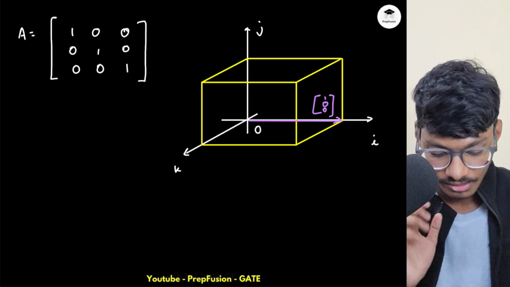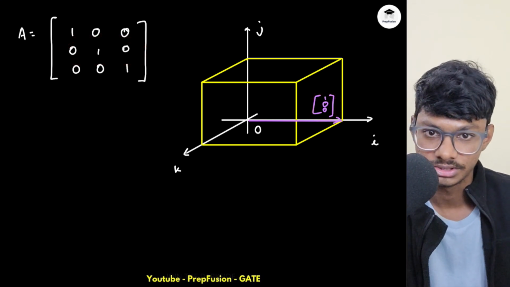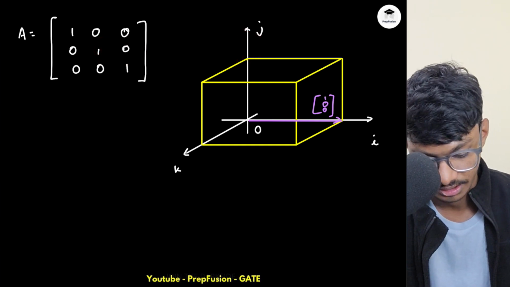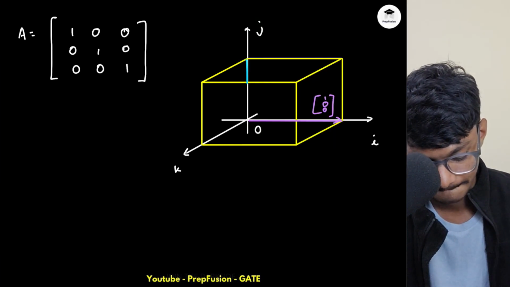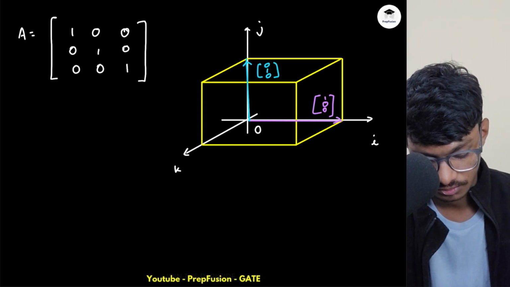Then what will happen here, this is 1 0 0, then next is 0 1 0, which is only j cap, right? So j cap is in this direction and it is like this. Okay, this is 0 1 0.